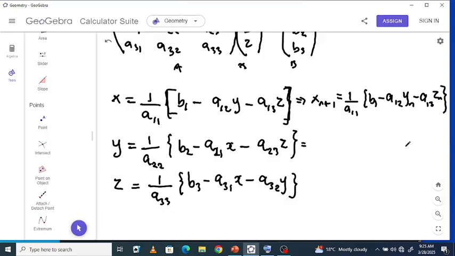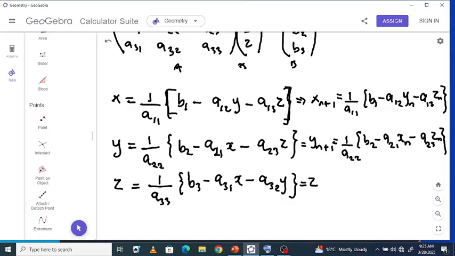For our y, it means that if we want to get yn plus 1, we will have 1 over a22 into b2 minus a21 xn minus a23 zn.